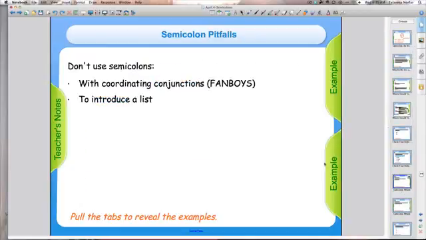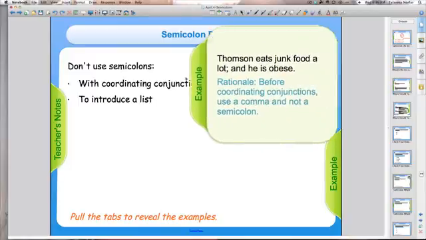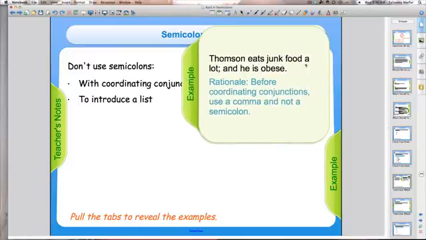Let's review some pitfalls. Don't use semicolons with coordinating conjunctions or to introduce a list. Again, write this down and unpause the video when you're done with the writing. Okay, so for example, Thompson eats junk food a lot and he is obese.